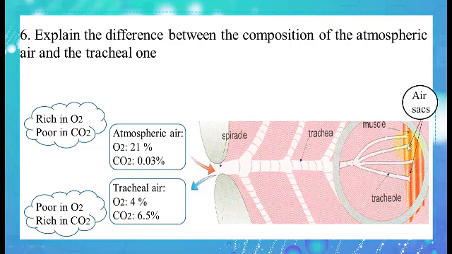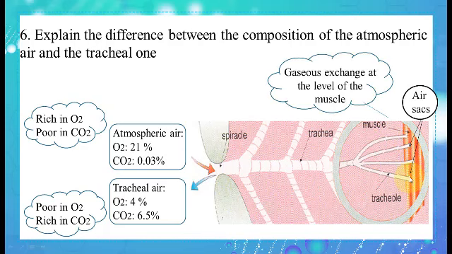Here between the air sacs and the muscle, gaseous exchange will take place, so that the oxygen gas is consumed and the carbon dioxide gas is released. Here the process of gaseous exchange takes place directly between the air sacs and the organs.